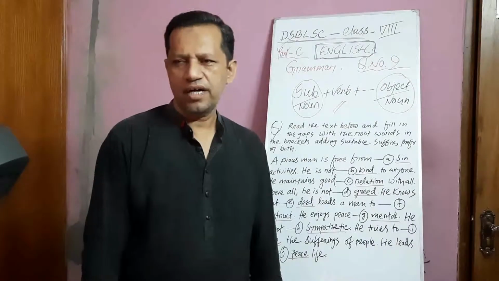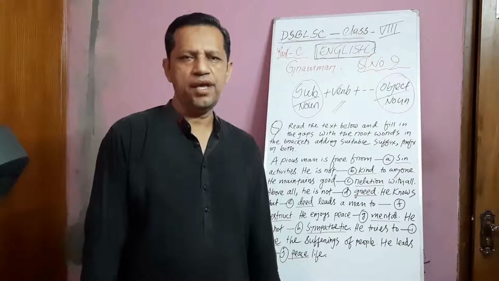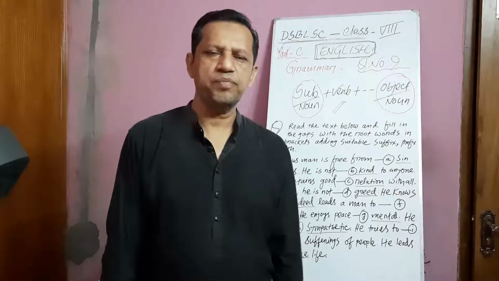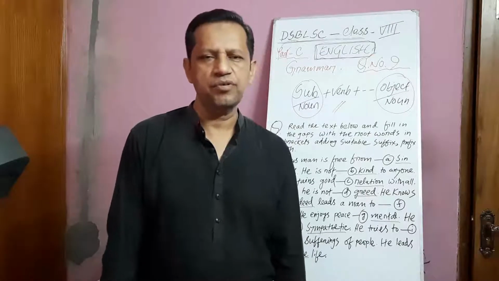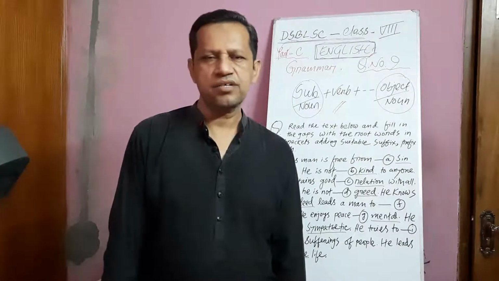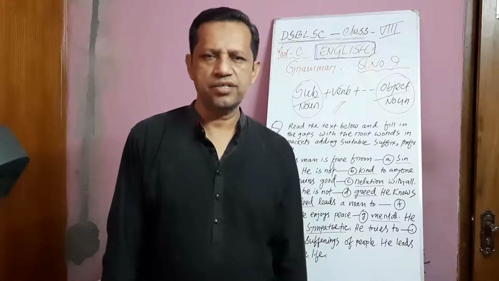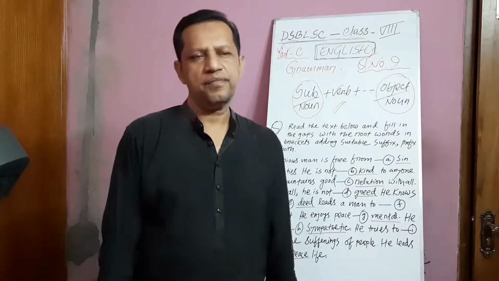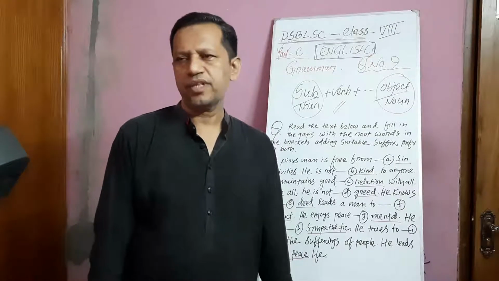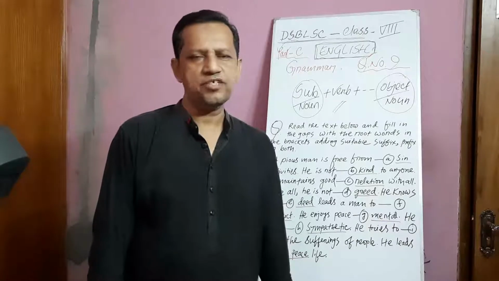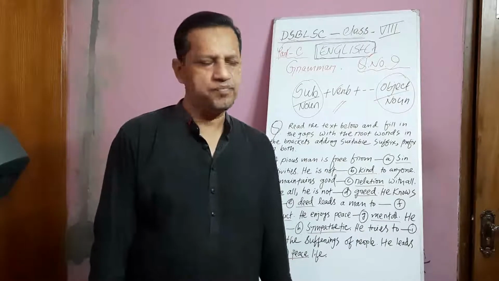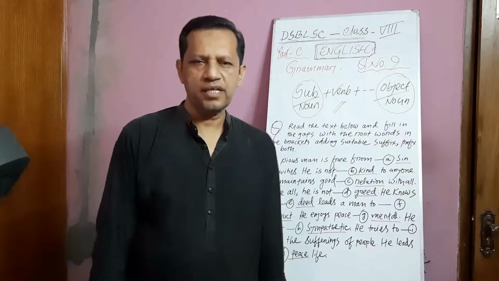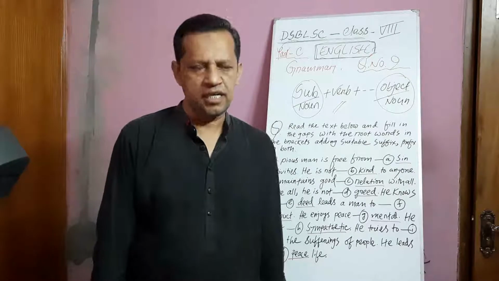So our half yearly online evaluation of the English subject will be held on 50 marks MCQ, and each question will carry 1 mark, 50 marks total in English. I have told you that 30 marks will be set from English first paper, and 20 marks from English second paper, or English grammar.